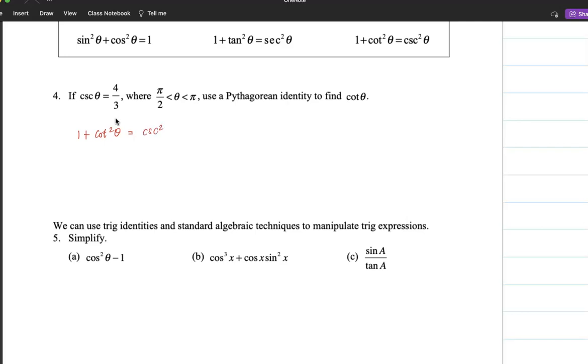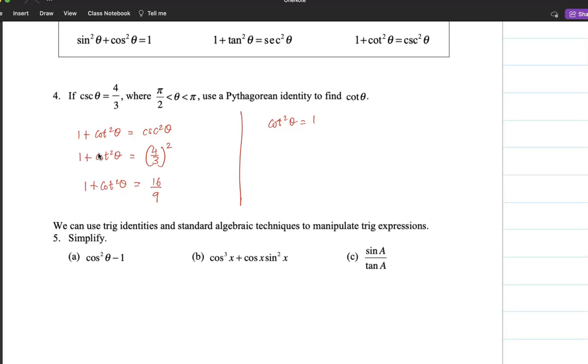Substitute: cosec is equal to 4 over 3, so 1 plus cot square theta is equal to 16 upon 9. Therefore cot square theta is equal to 16 upon 9 minus 1.